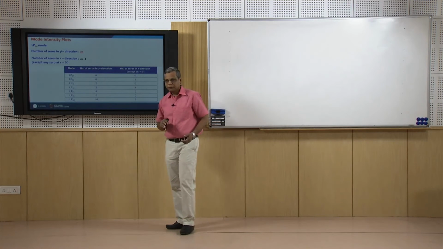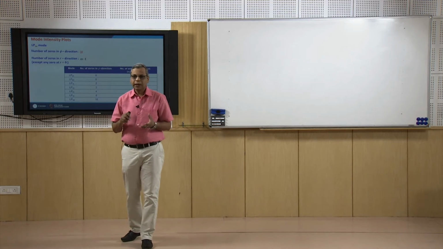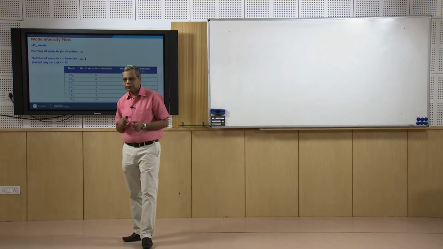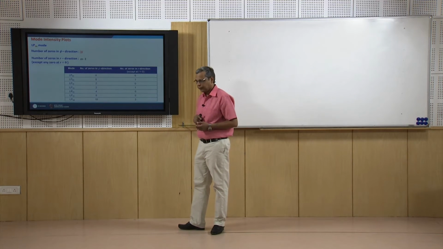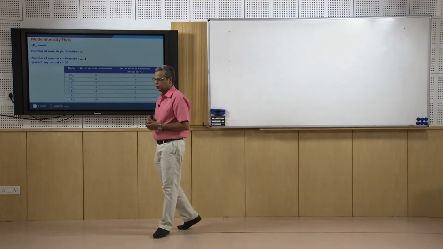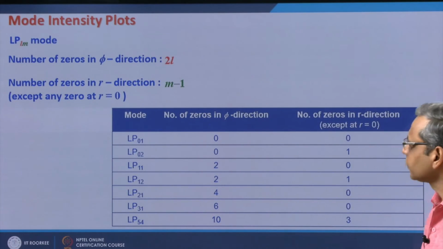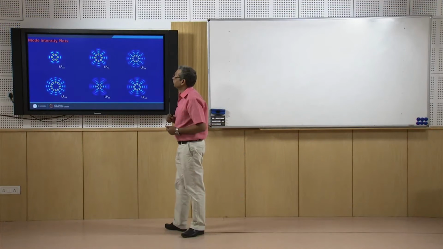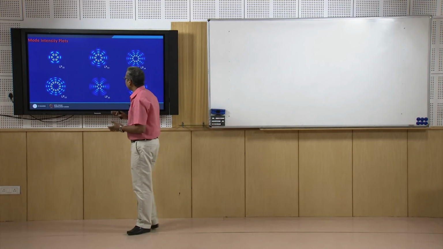So, if I am given any mode, then I can immediately find out the number of zeros in the phi and r directions, and I can also plot the intensity patterns of those modes. For example, these are the intensity plots of various higher order modes.